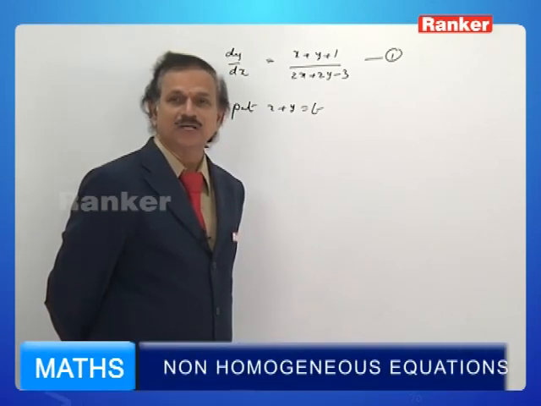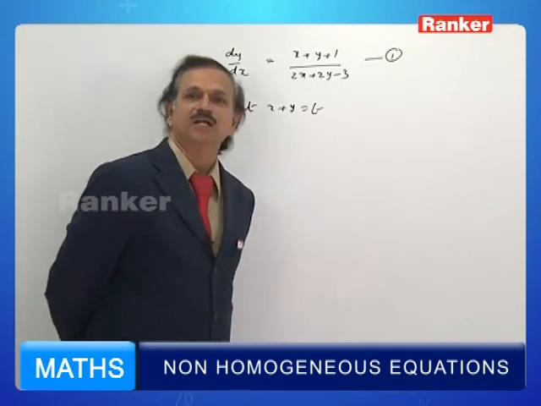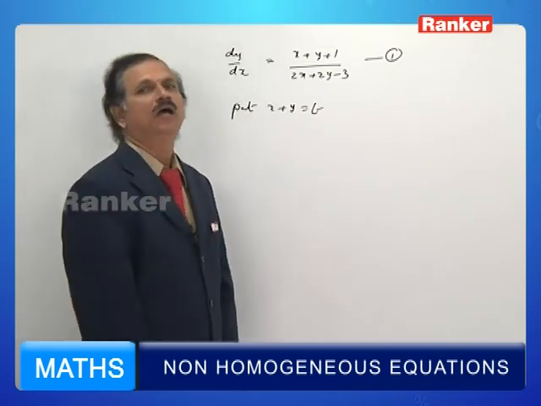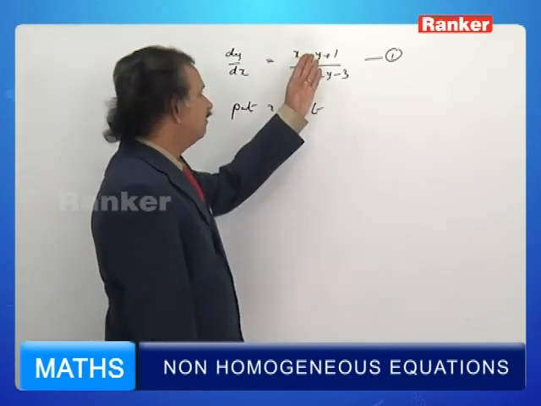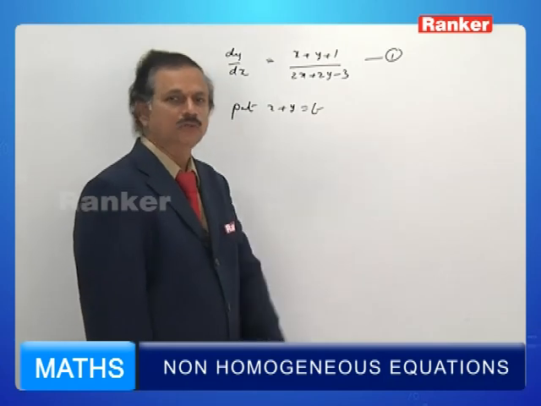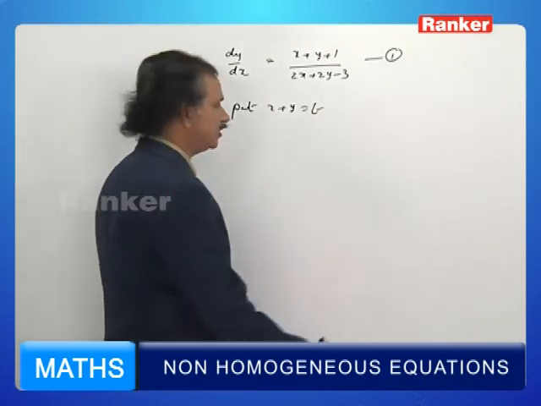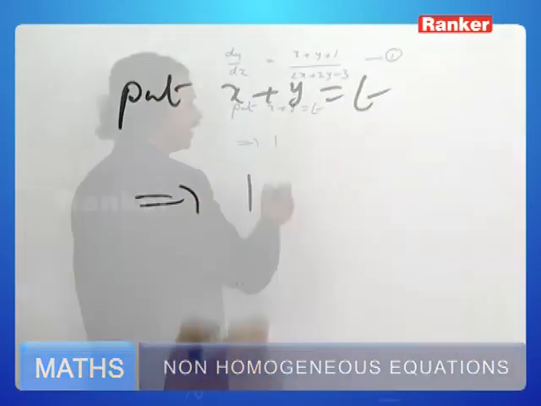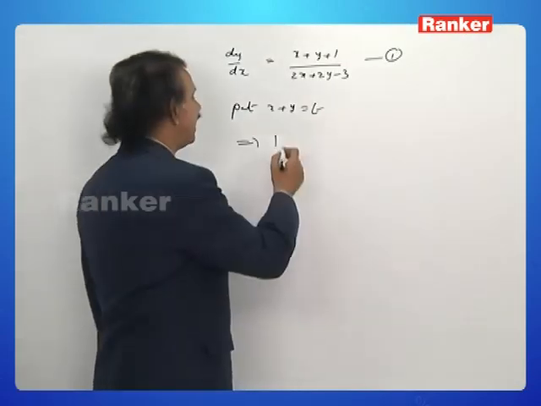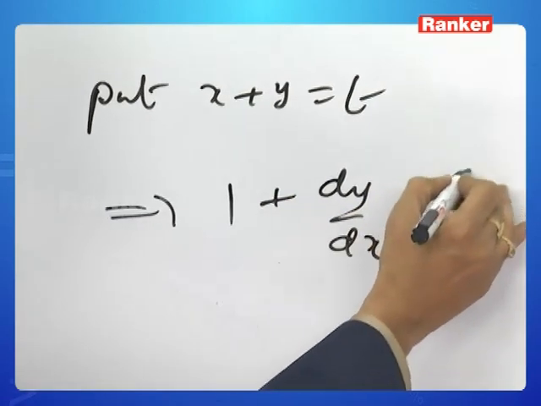Just like that problem, here we have that particular expression as x plus y. It is available in the numerator and in the denominator also. Simply for that reason, I am supposing it to be some t. Differentiating, for x it is 1 and for y it is dy by dx, so 1 plus dy by dx is equal to dt by dx.